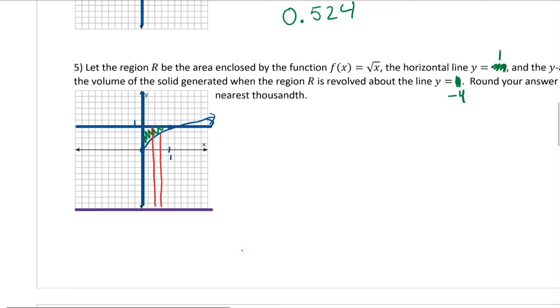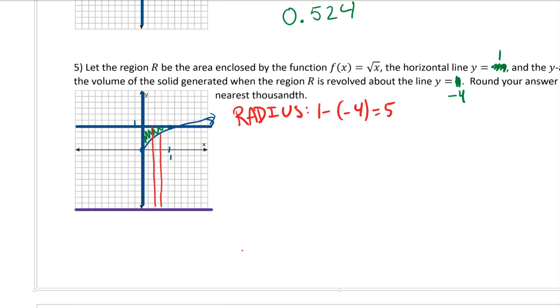So what I'm going to do first is find the big radius. The big radius is this one, so it'll be 1 minus -4. So we'll say 1 minus -4. So the big radius is 5.